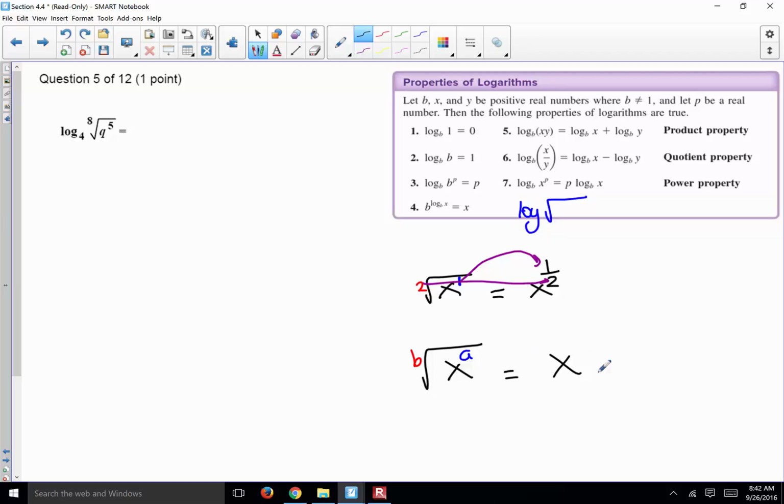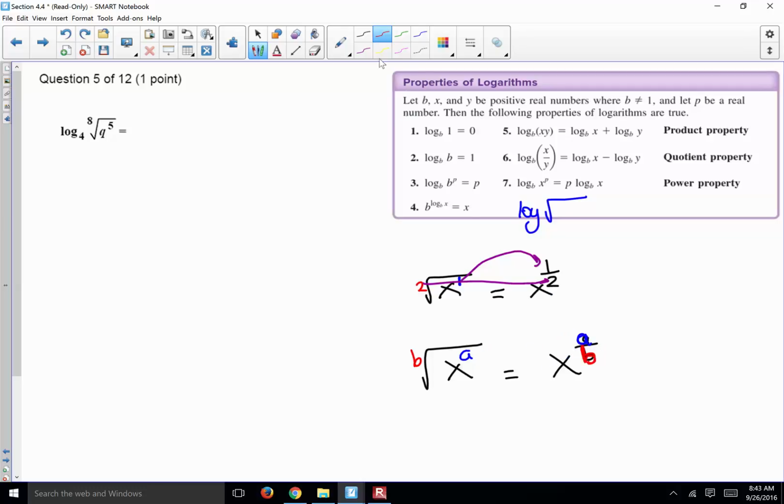How do I convert this into a power? Again, if this is 1 and 2, it's 1 over 2. 1 goes to the top, 2 goes to the bottom. If it is a and b, it is a over b. The inside power goes to the top, the index goes to the bottom.